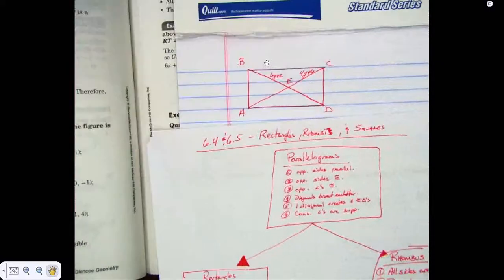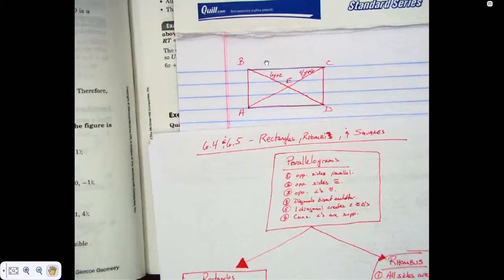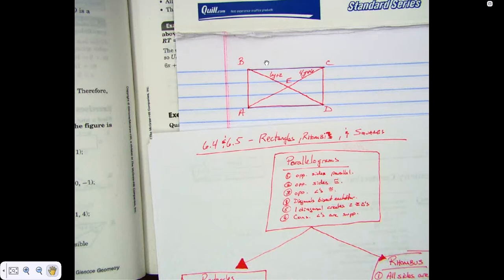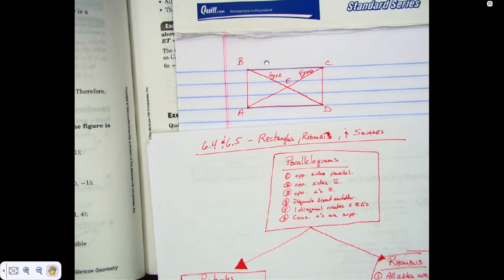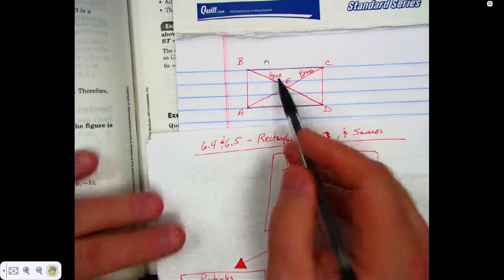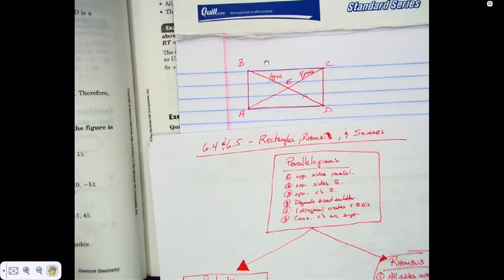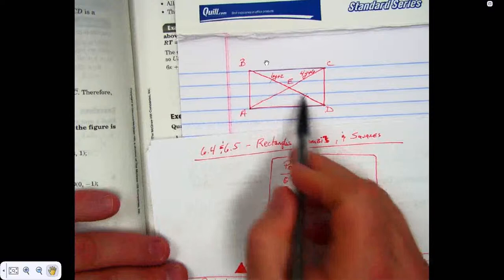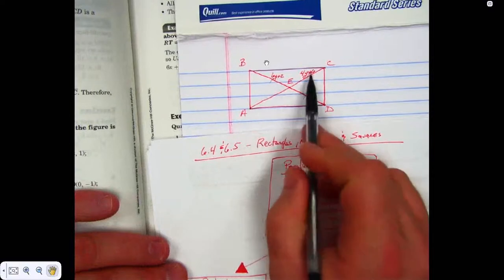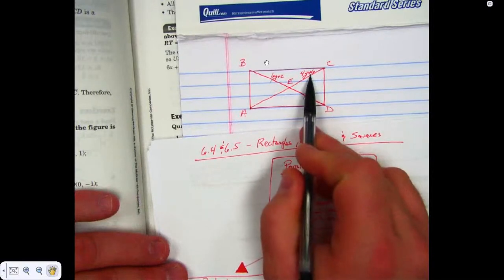Now, if this was just a parallelogram, I would not be able to do this problem. Because all I know as far as a parallelogram is concerned is what? Can anybody help me? That the diagonals bisect each other, correct? So that would mean I could say this is equal to that, but this doesn't necessarily have anything to do with that if it's just a parallelogram.